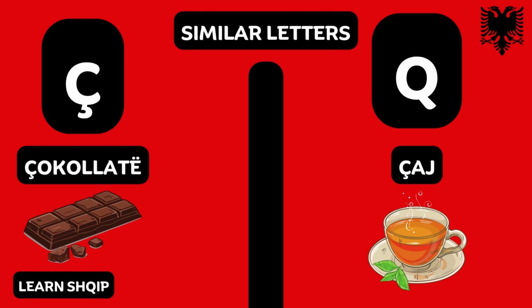The C with the tail, ch, and then the Q, ch. Let's see the word chocolate, chocolat, and for the Q, the word tea, chai.